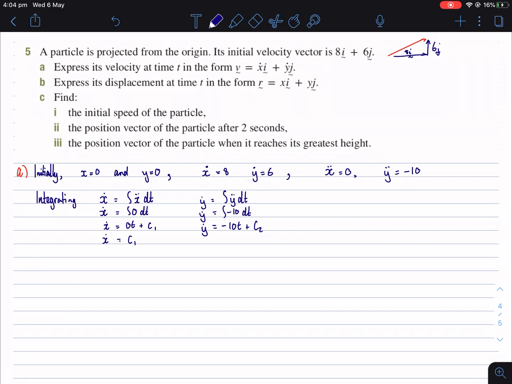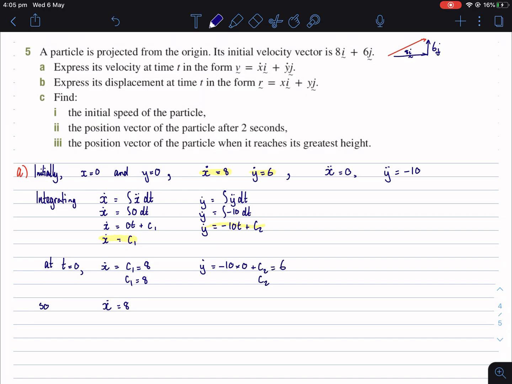And to actually find c1 and c2, we're going to have to equate what we know. We know this, and we know at t equals 0, x dot equals c1 equals 8. So c1 equals 8. So we know x dot equals 8. Okay, at t equals 0, we know y dot equals -10 times 0 plus c2 equals 6.